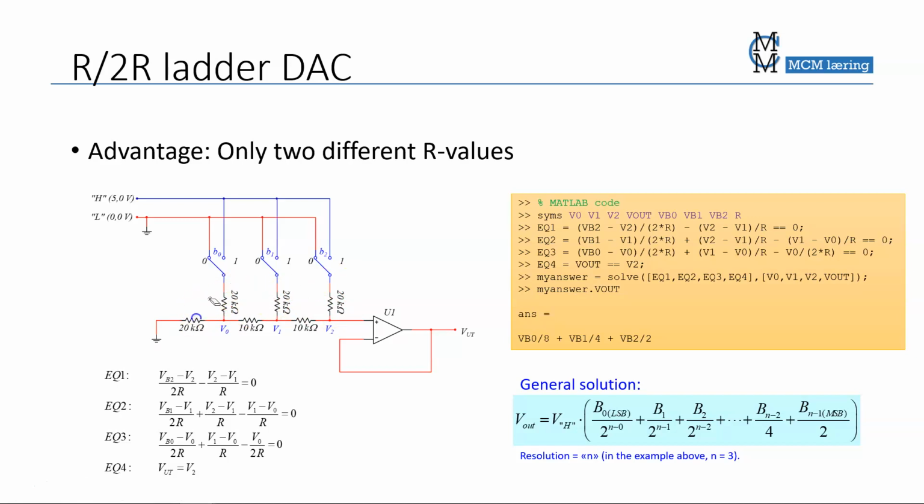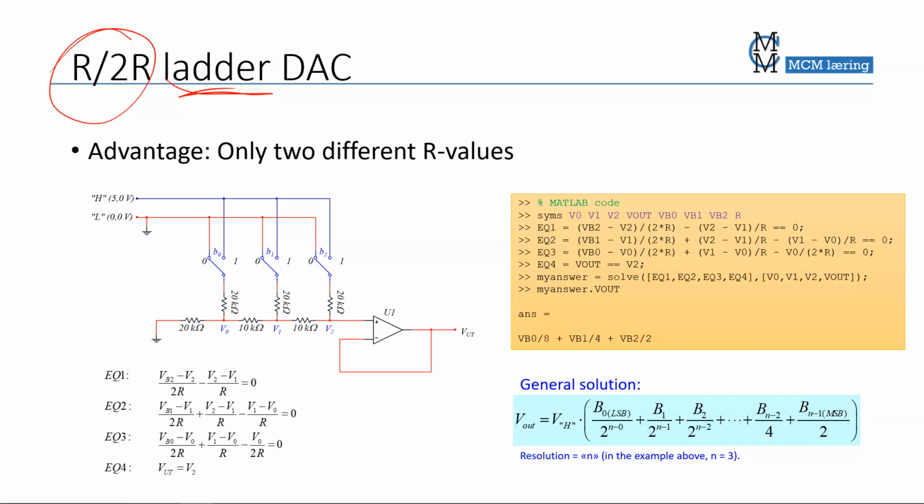So it's called an R2R ladder. Ladder in Norwegian is stige, and with a great deal of fantasy, it looks a bit like a ladder, I guess. And R2R because those are the only two values that you will find there.